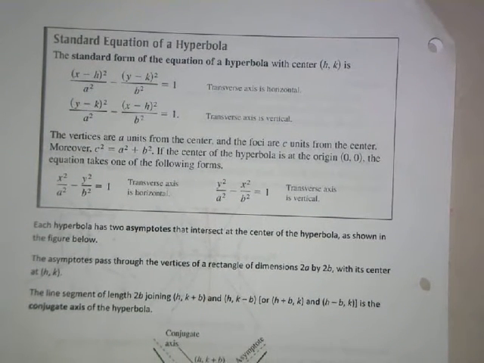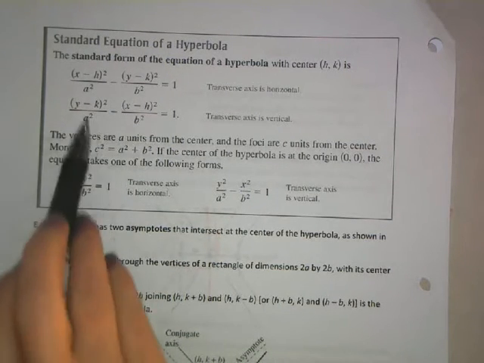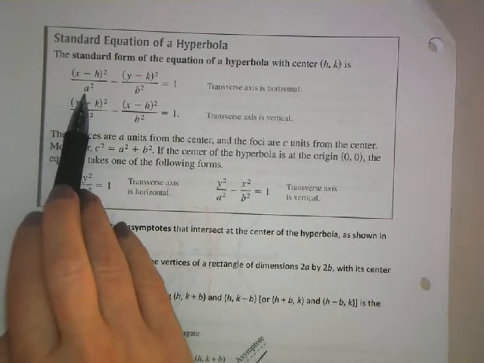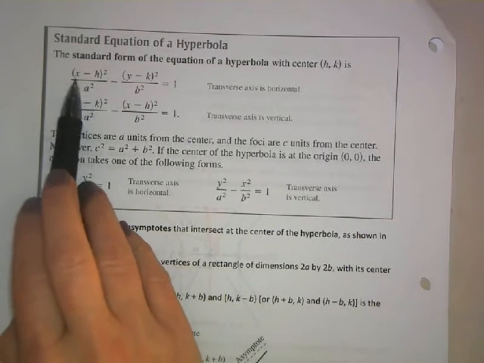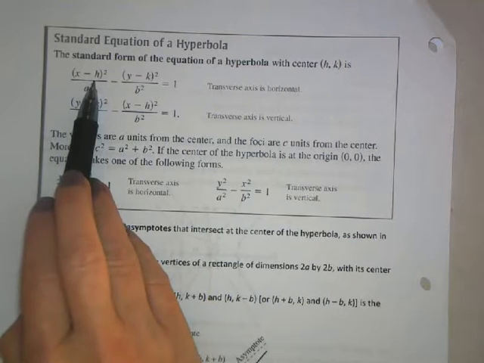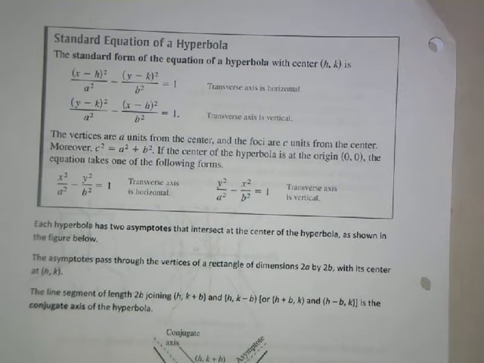So now the next question should be, how do I know if the two branches are up and down, or are they left and right? If A, the very first term, is under the x's, then your transverse axis is stretching in the x direction, which means that there's a left and right branch.